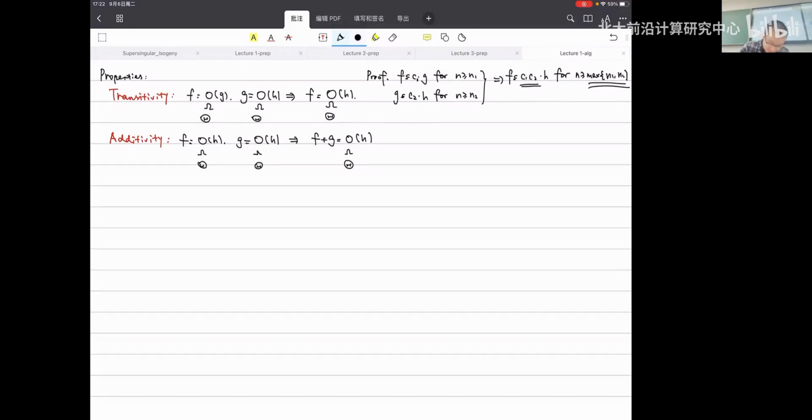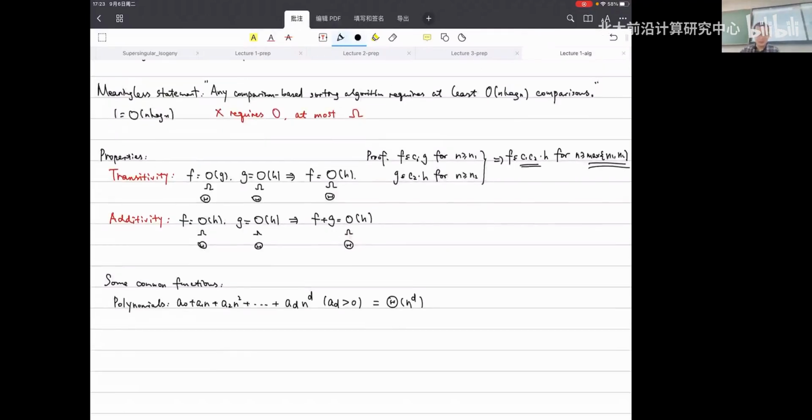Let's talk about some common functions as more examples. The very first thing we can talk about is, of course, polynomials. We have a polynomial a0 plus a1 times n plus a2 times n squared, and so on, plus ad times n to the d, with the assumption that ad is larger than 0. In this case, we can safely write this polynomial as big theta of n to the d.